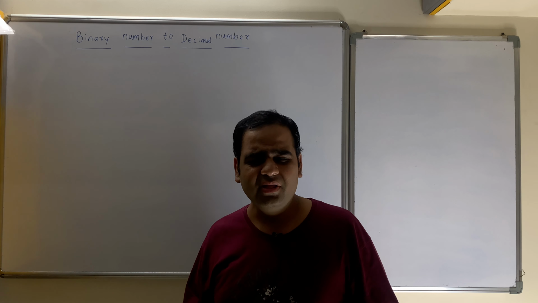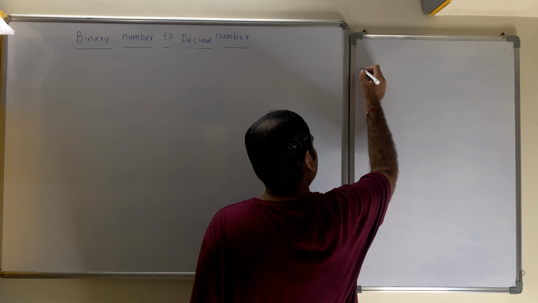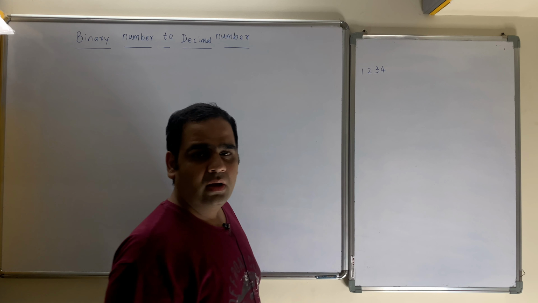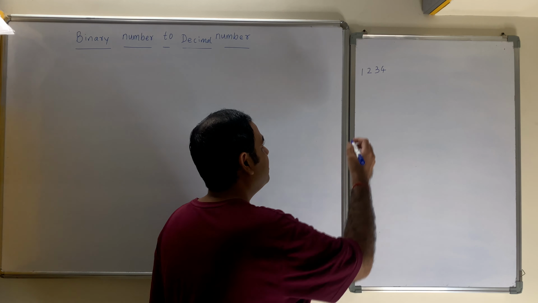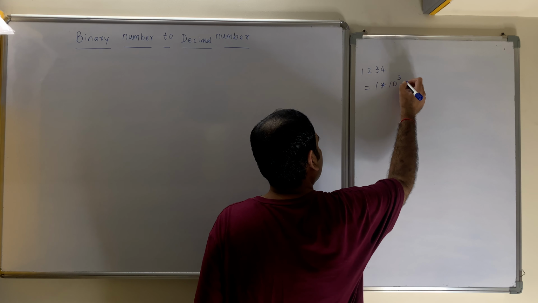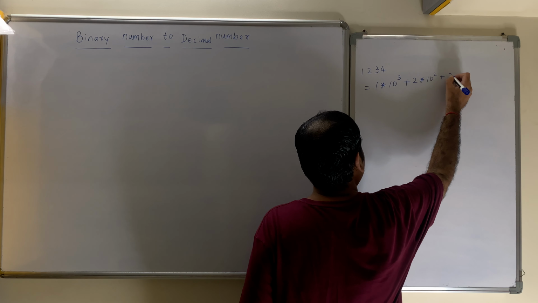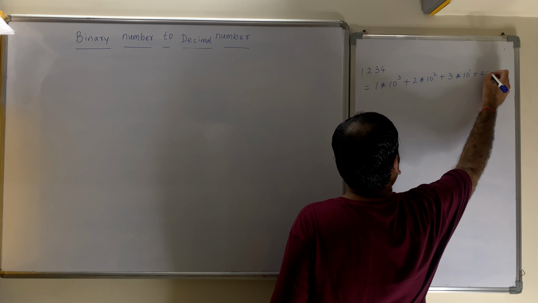Now before this, say for example, we have a decimal number 1234. How do we write it in tens power? We write this as 1 into 10 to the power 3 plus 2 into 10 to the power 2 plus 3 into 10 to the power 1 plus 4 into 10 to the power 0.